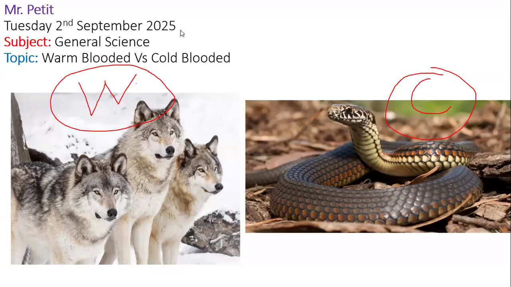For warm-blooded animals, when it's cold, you can still stay warm. But for cold-blooded animals, it varies with the temperature. It varies with the temperature? Yes, sir. Okay. All right, so let's go ahead and define everything, right?